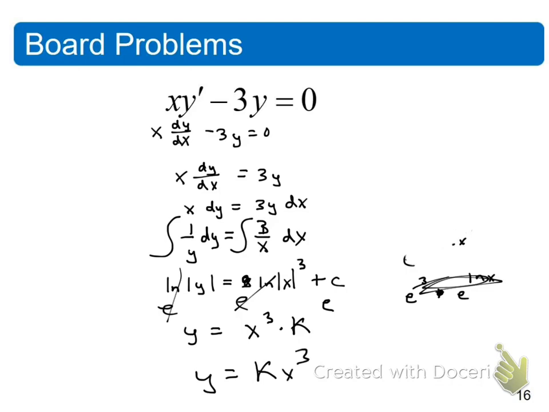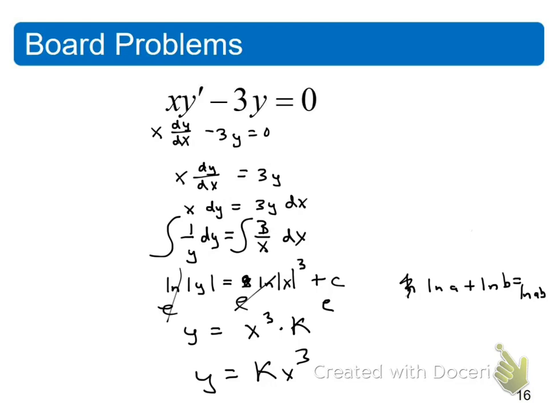Come over here. Let's write down a couple of algebra rules real quick, a couple of natural log properties. If I have the natural log of a plus the natural log of b, how could I rewrite that? ln of ab.